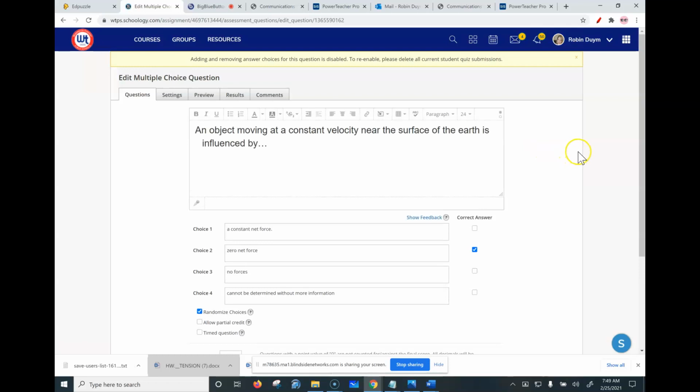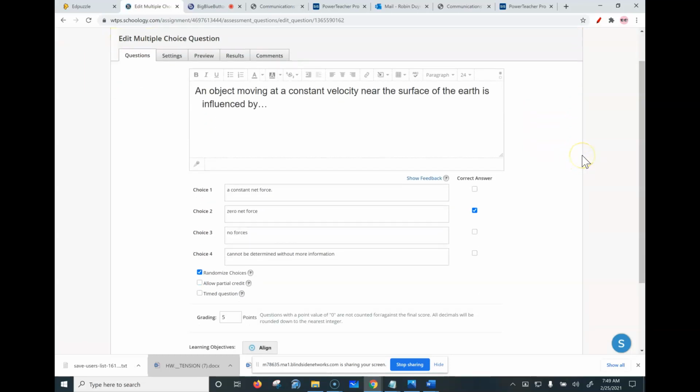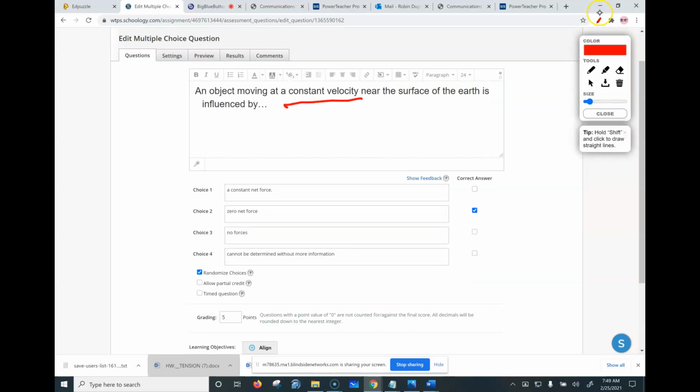All right, so let's go through the buzzwords here again. Here we go. Constant velocity should automatically trigger the idea that the acceleration is equal to 0 and that the forces are balanced. That looks like my pen warmed up a little bit.